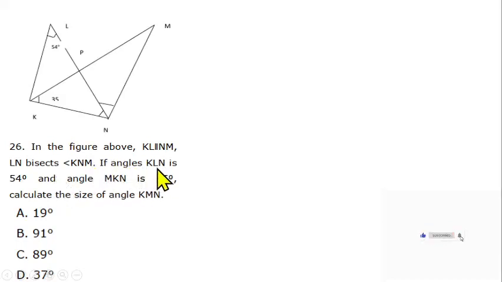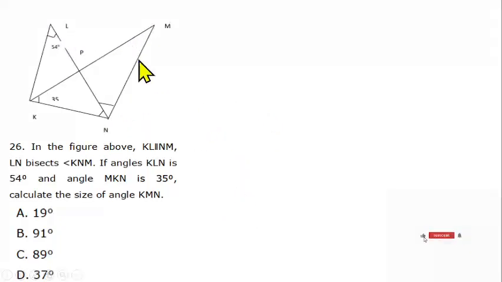So if angle KLN is 54 degrees and the angle MKN is 35 degrees, calculate the size of angle KMN, which is this angle here. So you are looking for that. It's very simple.